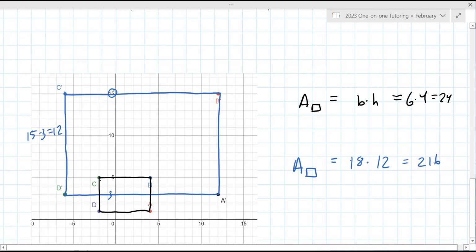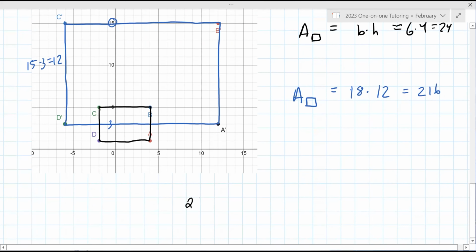216. Good. Now the next thing I want you to do, and there's a reason for this, take the 216 and divide it by 24. So how is your long division? Are you comfortable doing 24 into 216? Yep.